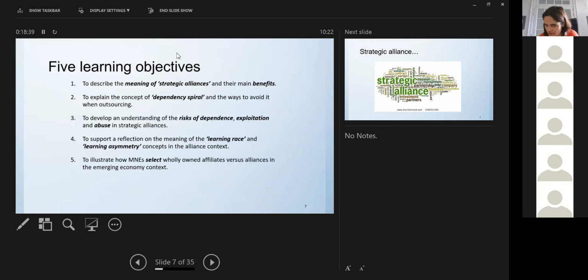And then I will illustrate how multinationals select wholly owned affiliates versus alliances. That will be at the end of today's lecture, and also the beginning of next week's, because there then we look into M&As. And in many cases, it's sometimes because of simple antitrust legislation, it's not allowed to form a merger and an acquisition.